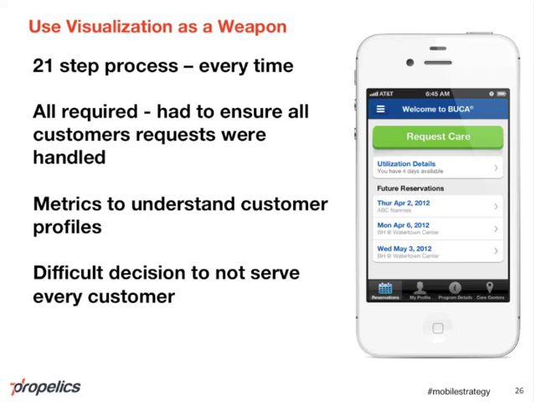And as we got into that data, you started realizing there was a lot of pathing through this 21 steps that was extremely similar. And based on that, we had to make the decision to not serve every customer and cut out some of those paths. So that 21-step process turned into a 3-step process by cutting out about, whatever, 14 or 18% of customers who could possibly use the app.